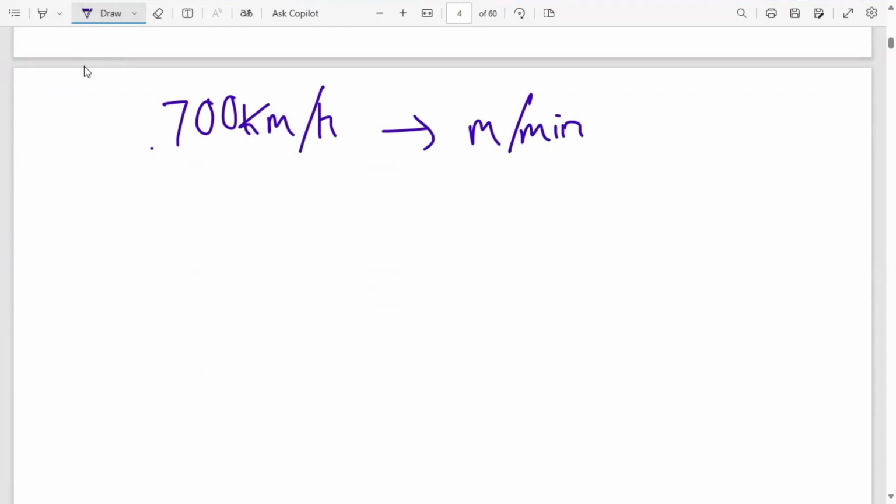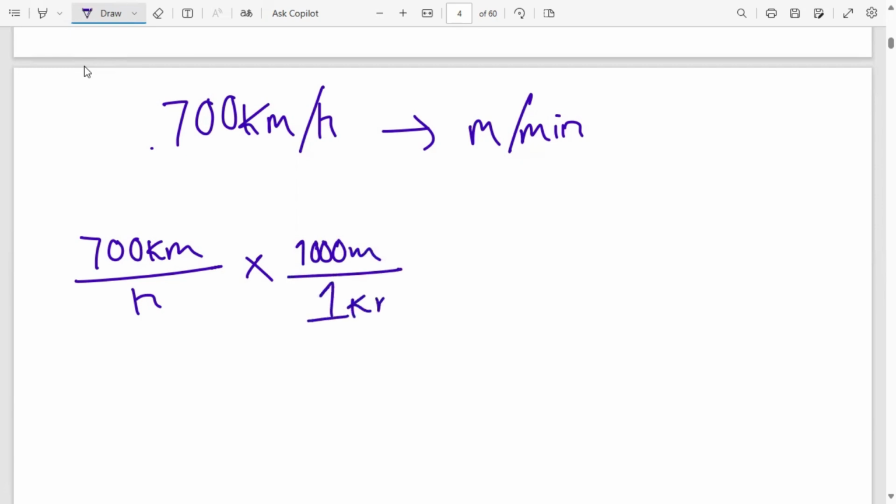So this is very simple. What are we supposed to do? We're supposed to just bring our conversion factor. So this is the same as 700 kilometers per hour, like that. Then I'll multiply it with the conversion factor for the numerator, which is 1000 meters being equal to 1 kilometer. Then I'll multiply it with the conversion factor of the denominator, which is 1 hour being equal to 60 minutes.